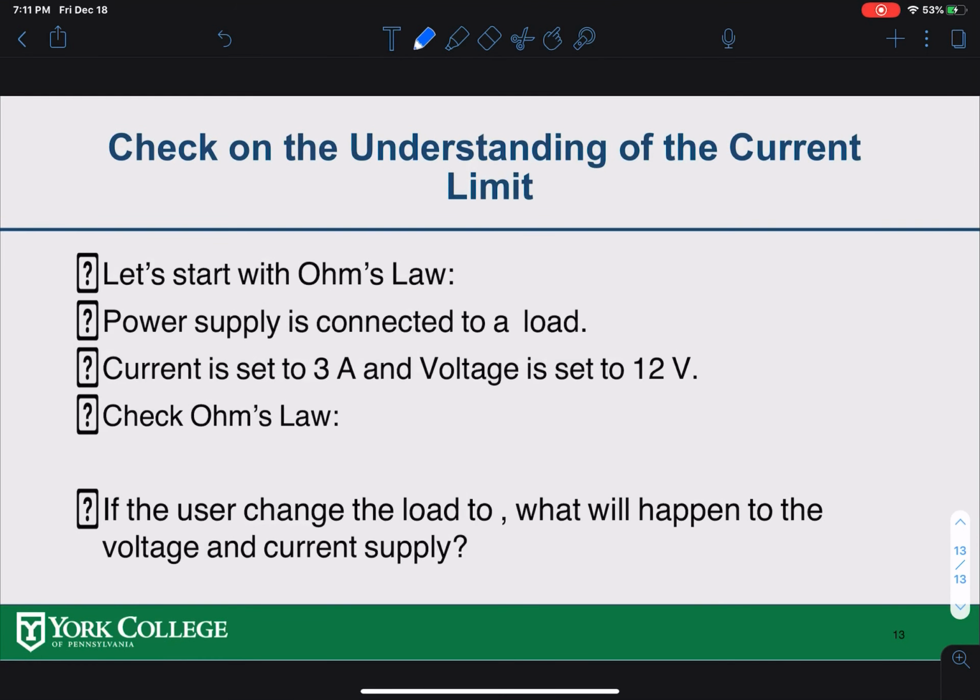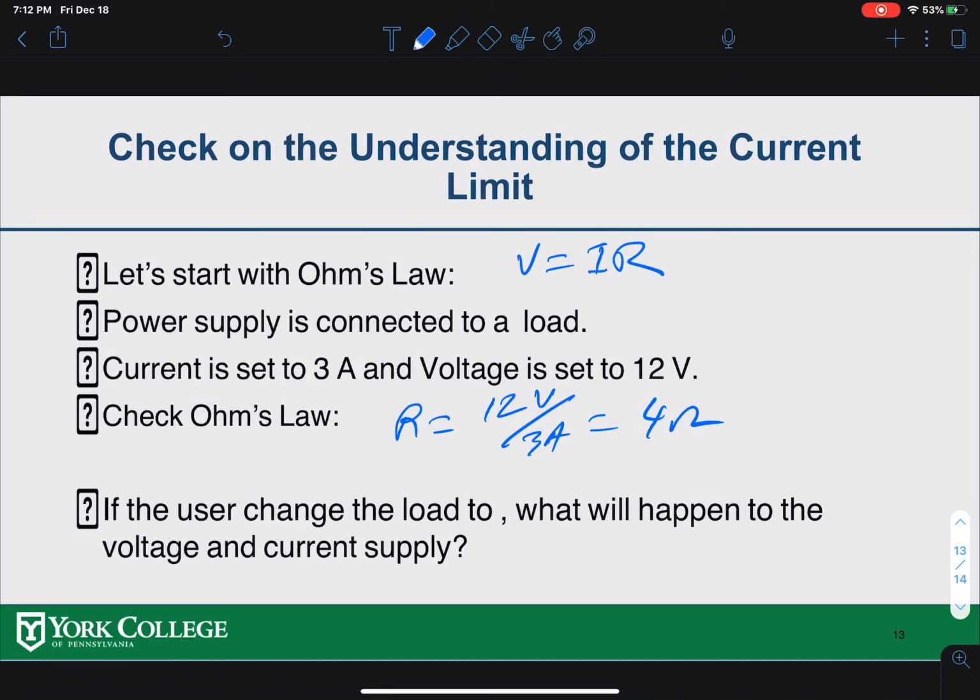So how do you know whether you have a current limit or a voltage limit? Let's start with Ohm's law. Ohm's law says that V equals IR, right? So for a device, let's say we're connecting 12 volts and setting 3 amps. Then your R should be 12 volts over 3 amps, which gives you 4 ohms.